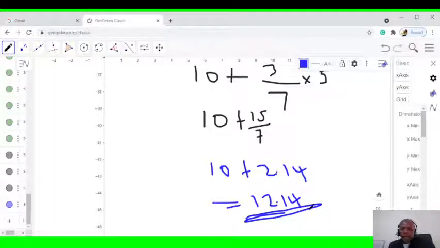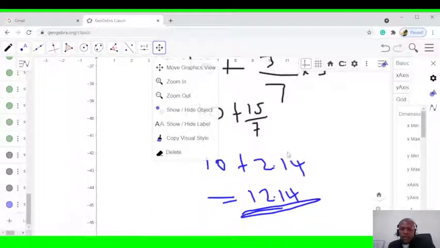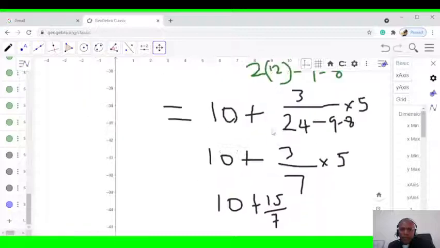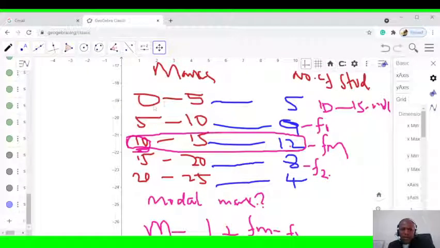Now, I have always insisted that whenever you calculate your answer, ask yourself whether it is within the given range. If we come to our example here, this was our original data set, 0 to 5 up to 20 to 25.